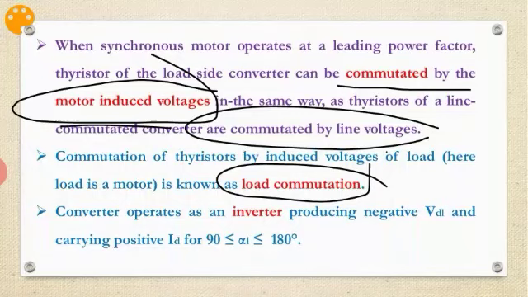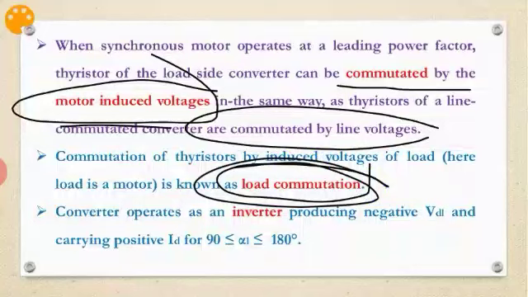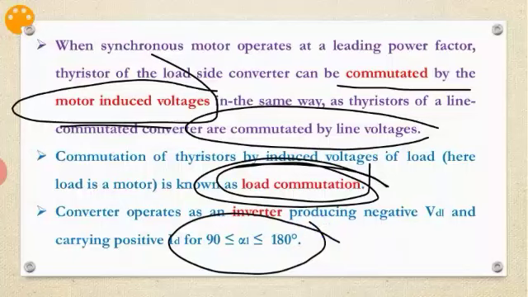Since the load voltage, that is, the motor voltage, is used, it is called load commutation. The converter operates as an inverter producing negative VDL and carrying positive ID, between 90 and 180 degrees, as already discussed.